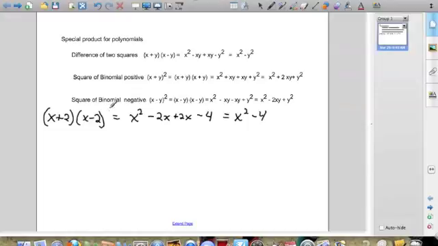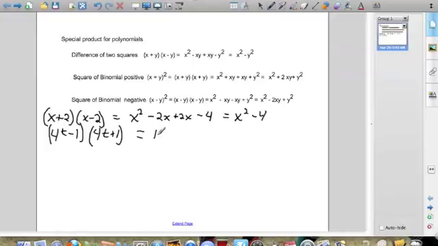Let's take a look at one more example. This time, if we involve numbers, let's just look at this. We'll start with 4t minus 1 times 4t plus 1. It doesn't matter which one comes first or which one comes second. Now, to do the shortcut method, here's what I do. Look at the 4t and just square this.